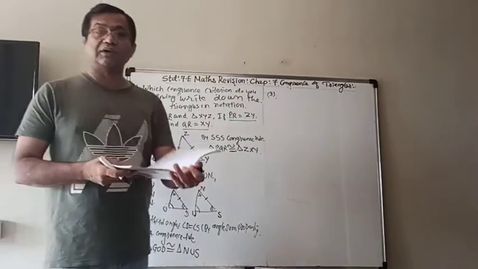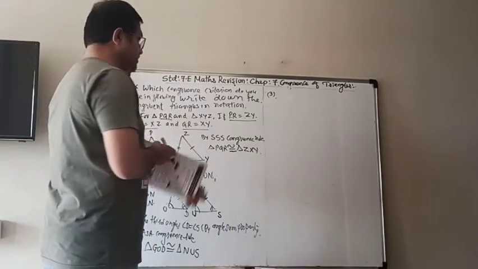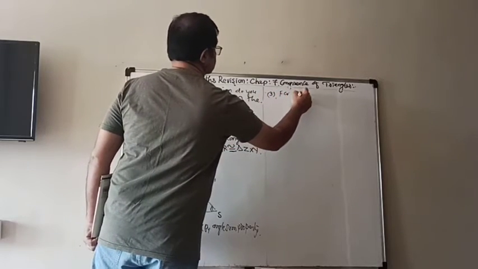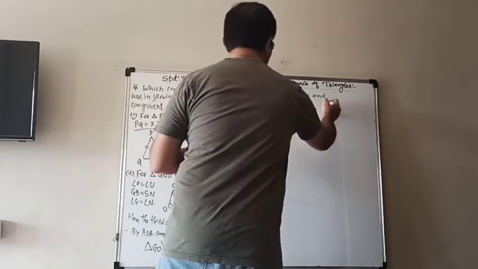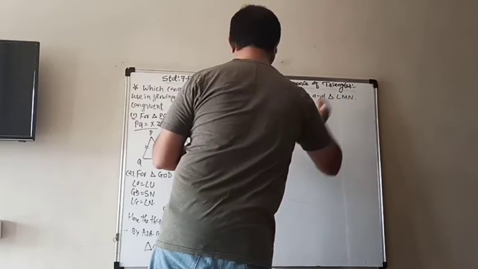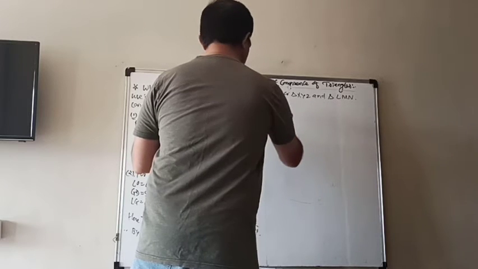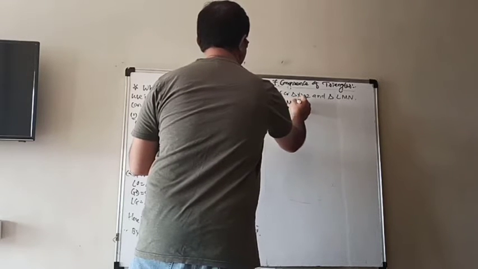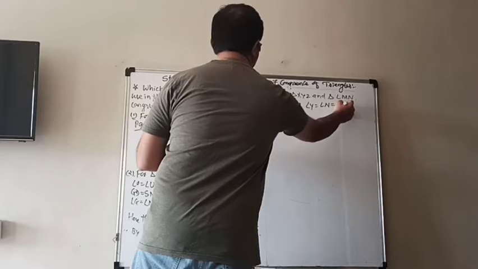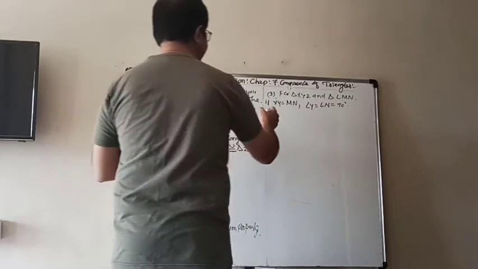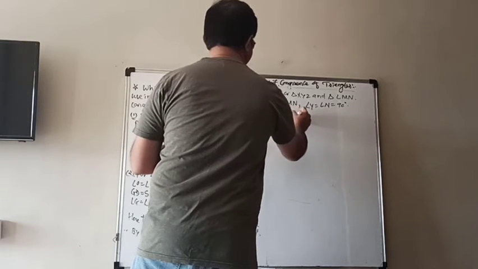Let's take the third one. For triangle XYZ and triangle LMN, if XY equals MN, angle Y equals angle N equals 90 degree, and XZ is equal to LM.